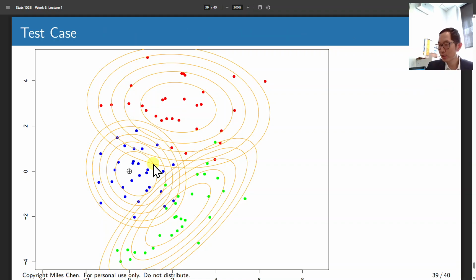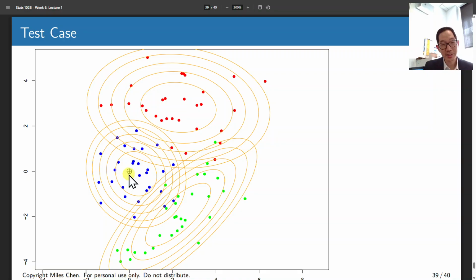All right, we're going to run out of time, but what we want to do next is this: here I have a test case. Let's say we observe something where x1 is 0 and x2 is 0. So I draw this point right here, and I say, okay, based on our training data, do you think this is class A in red, class B in blue, or class C in green?